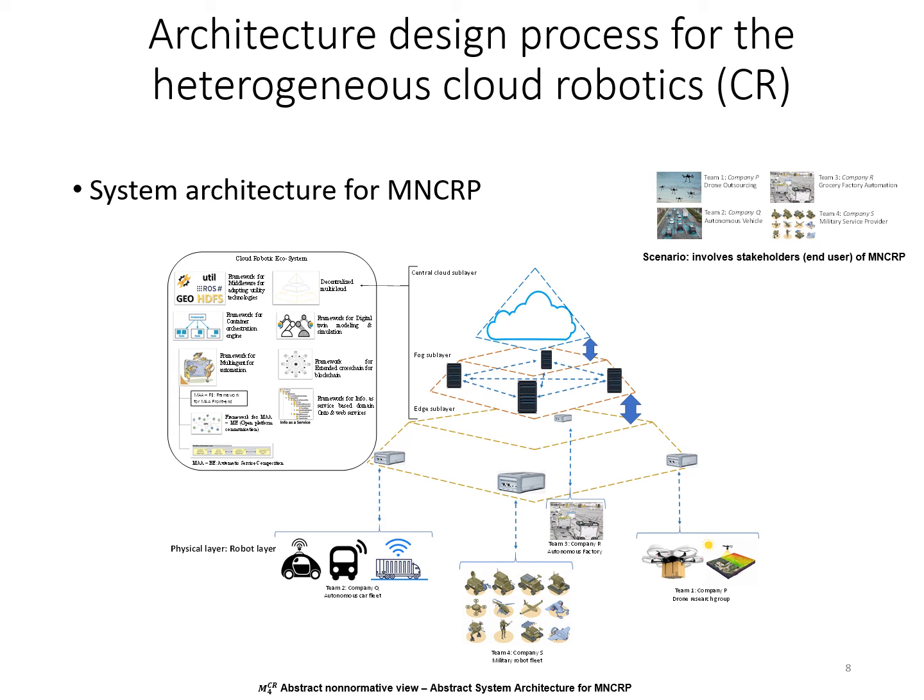Based on that, we derive the system architecture. You can see edge layer, fog layer, and the center cloud layer. This is the multi-cloud we define here. Decentralized multi-cloud comprises the 7th module, cloud robotic ecosystem.